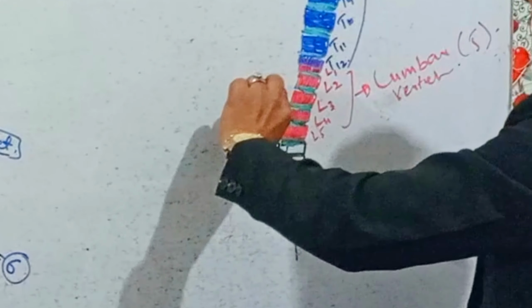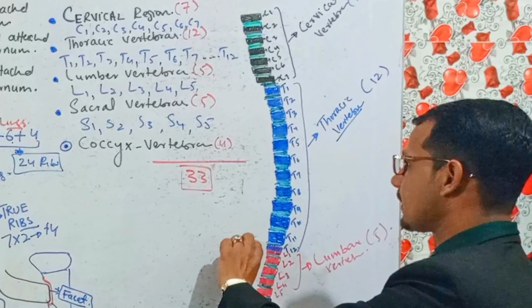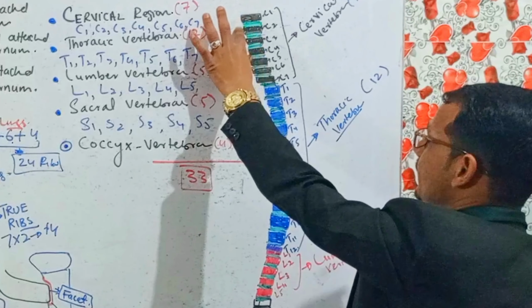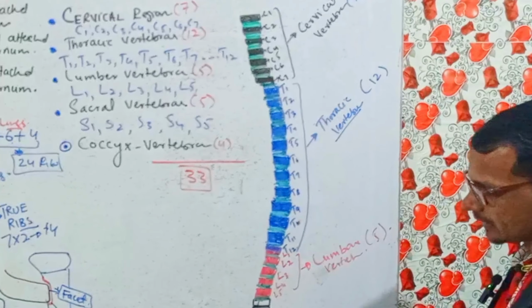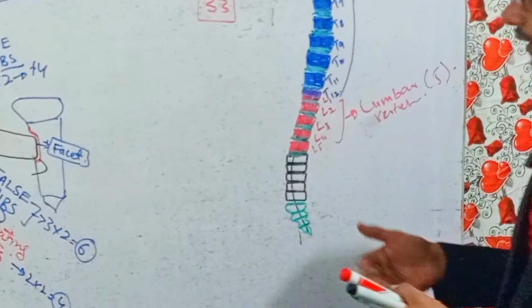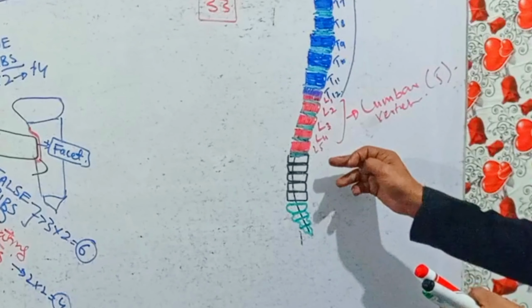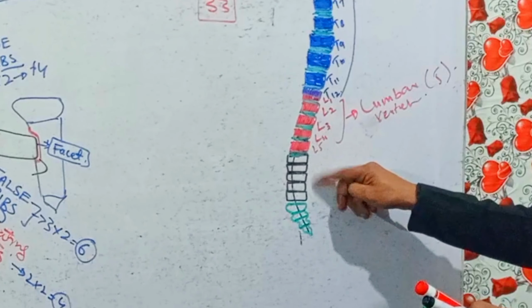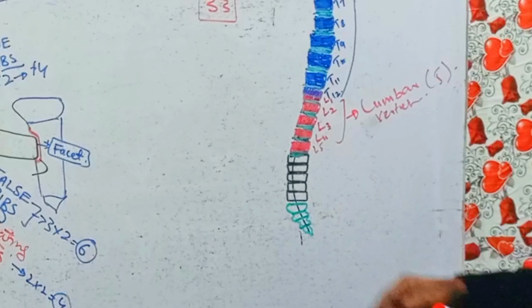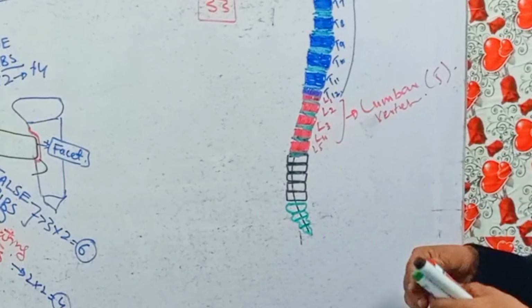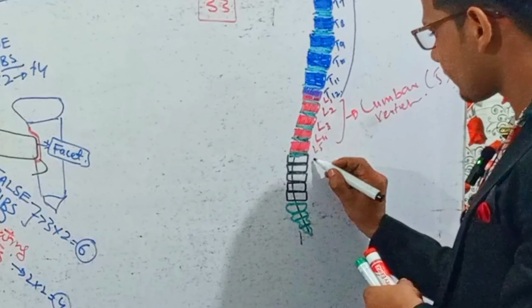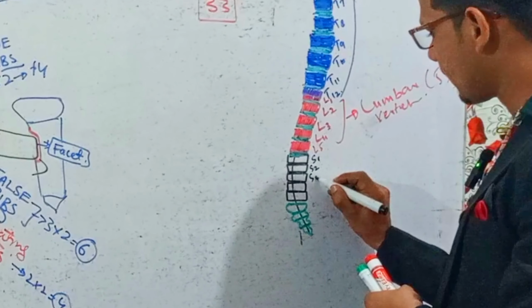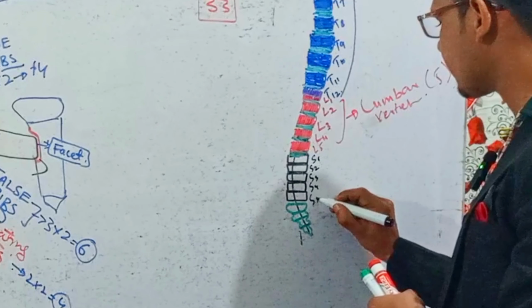Remember that the intervertebral disc is present only in the cervical region, thoracic region and lumbar region. After that there is no vertebral disc, and in many research it's clear that the sacral and coccygeal vertebrae occur in fused form. So these white vertebrae are S1, S2, S3, S4 and S5.